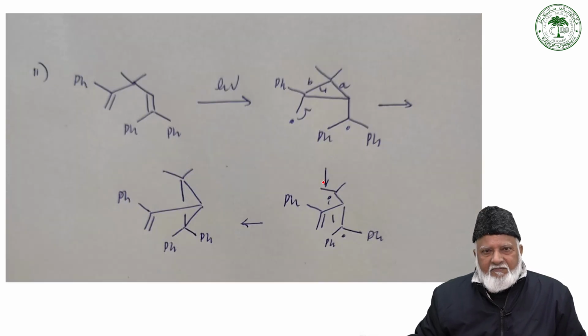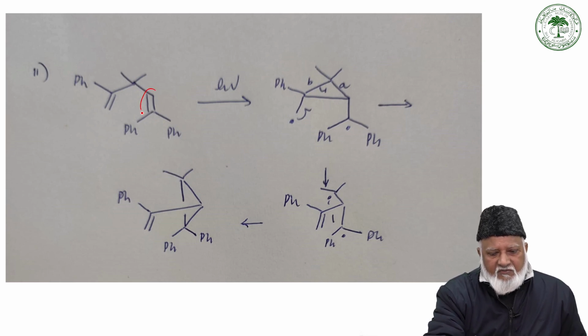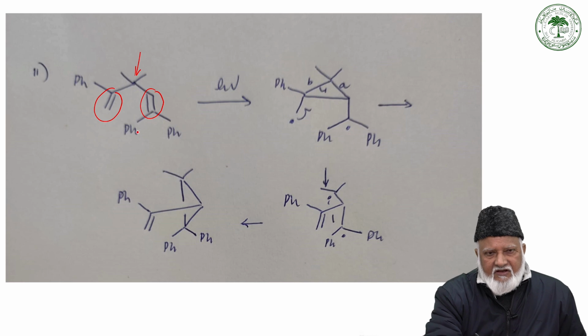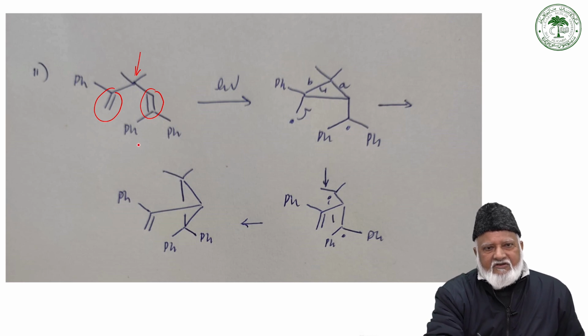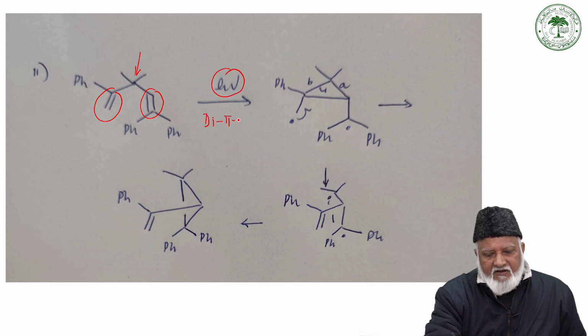Now going to the second example, this is another example. If you look at this starting material, one double bond and another double bond are separated by a methylene group, and hence this compound is also nicely set for di-pi-methane rearrangement under photolytic conditions.